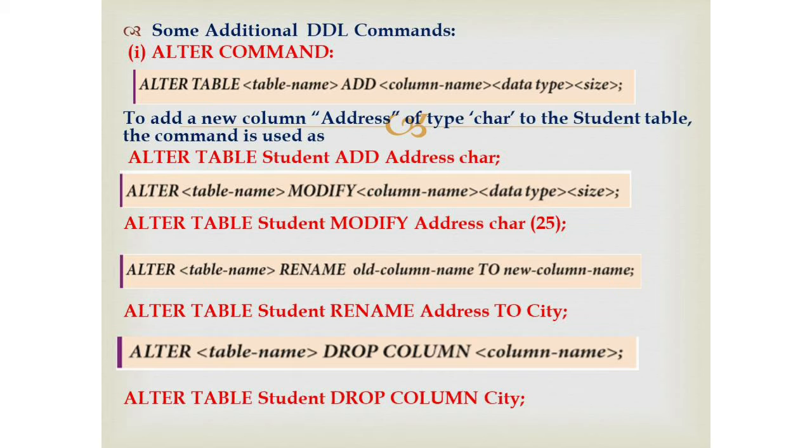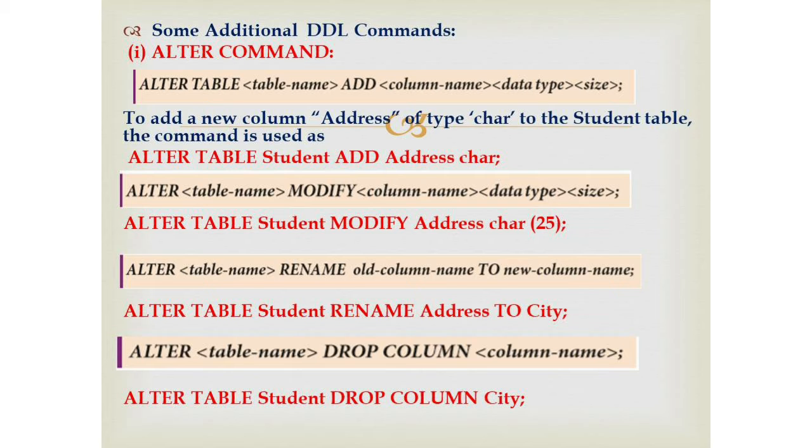The next one is, by using this ALTER command, you can rename an existing column. For that, ALTER TABLE, then table name, RENAME. This is the keyword to use to rename the existing column, old column name TO new column name.